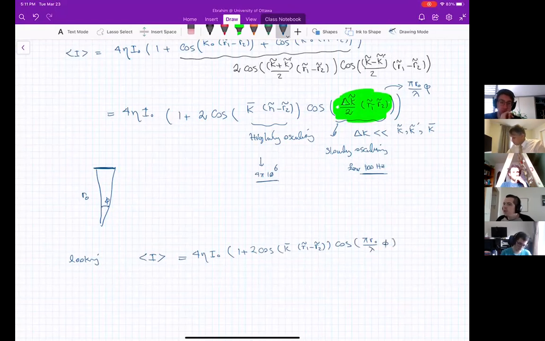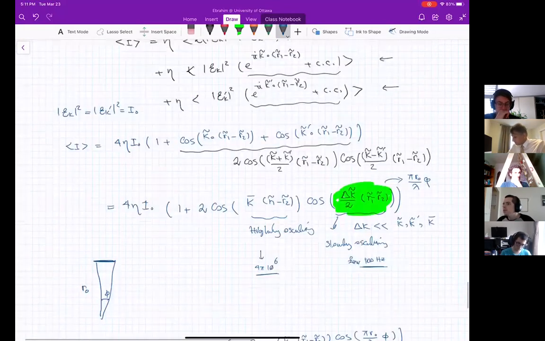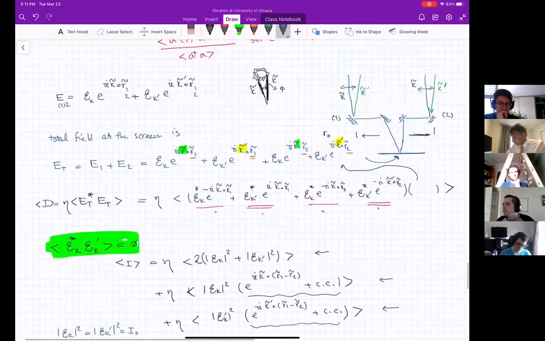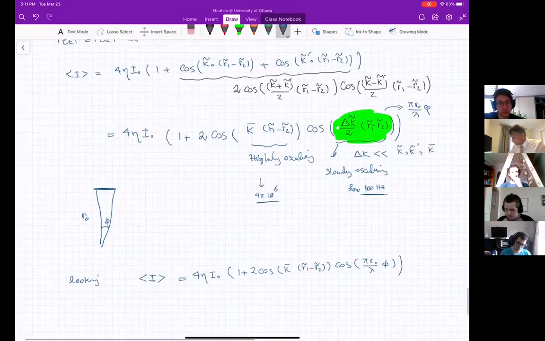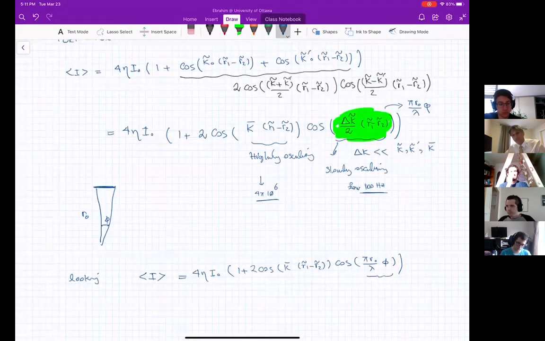Okay. If you remember, the difference between these two was R0. I will change this R0 in such a way that the fringes disappear or appear.